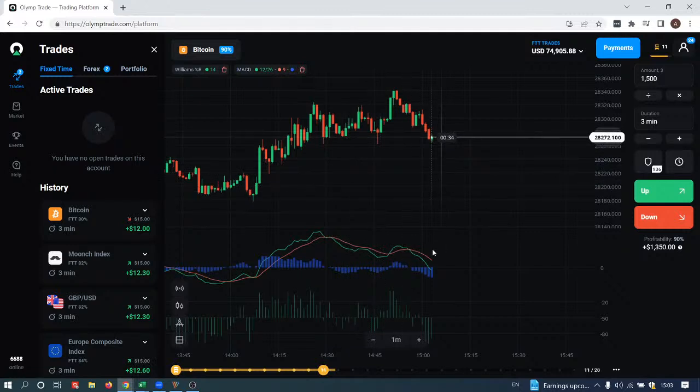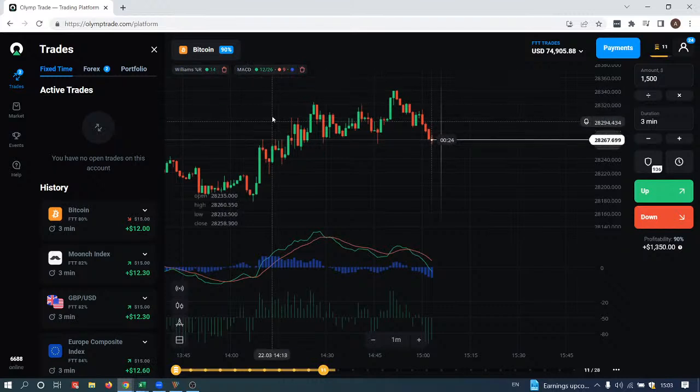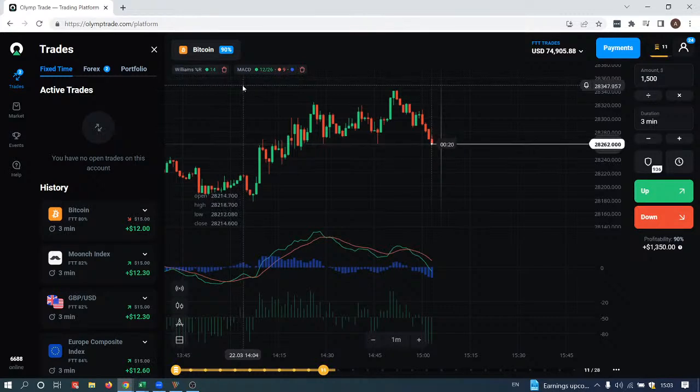As you can see, this strategy consists of only two indicators. The first one is called Williams %R, and the second one is called the MACD indicator. They both have the standard parameters: the period of 14 here, and here our common ones, 12, 26, and 9.